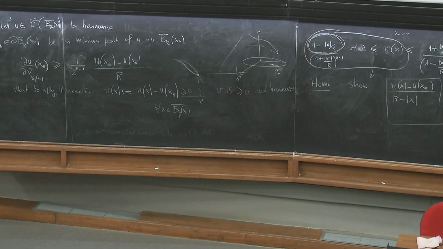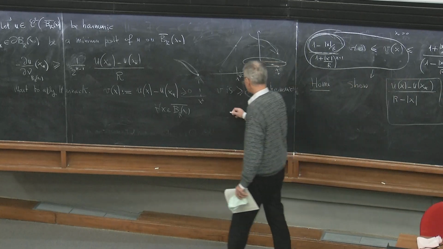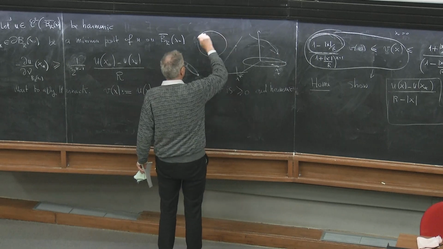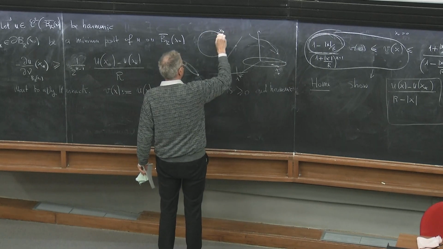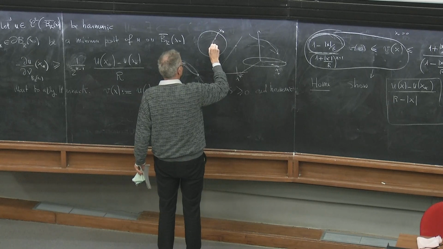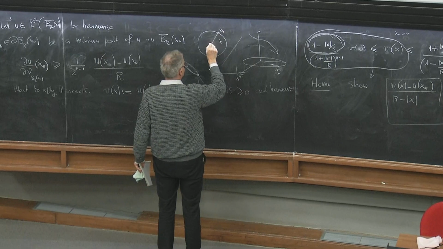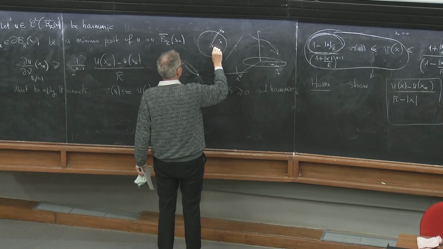So I leave you to do this. The idea is passing to the limit. U is very smooth. So here we have x star. Here we have x, some x. This is x naught, this is the origin.